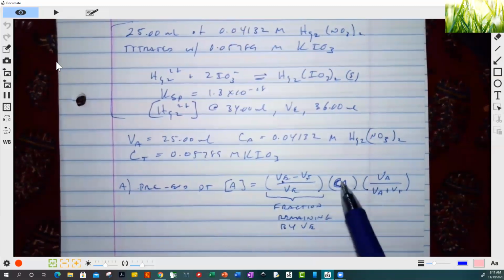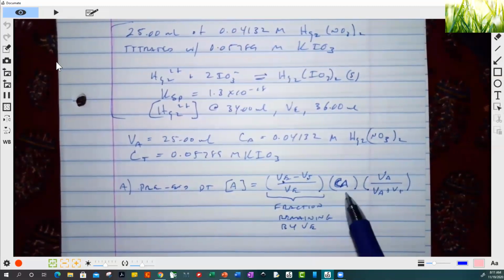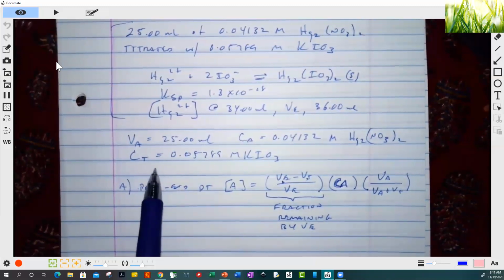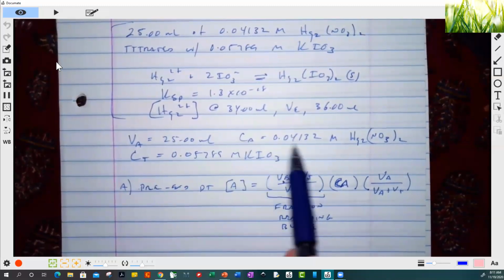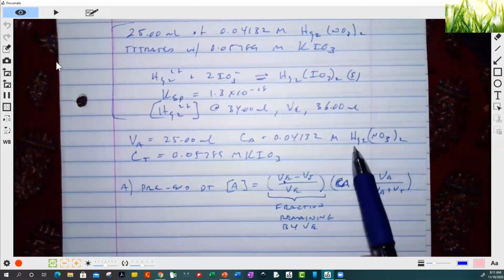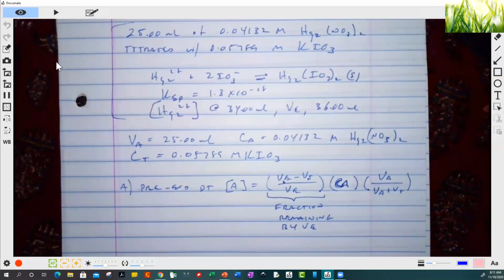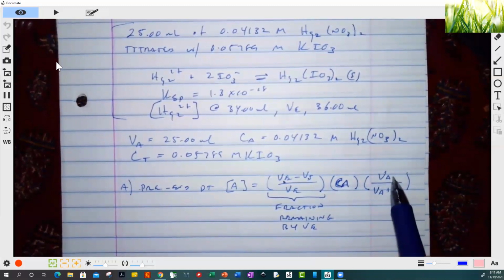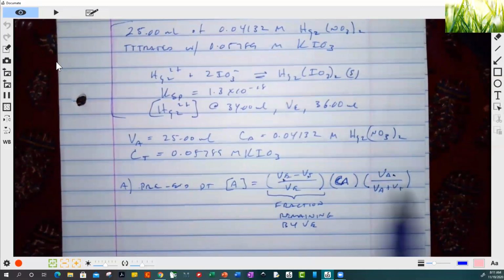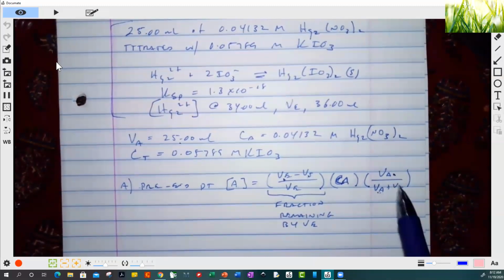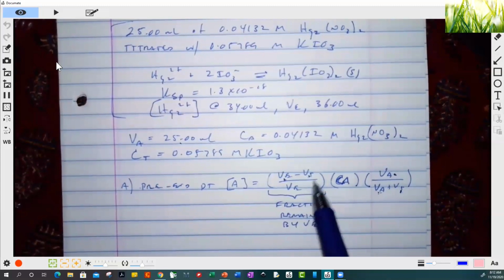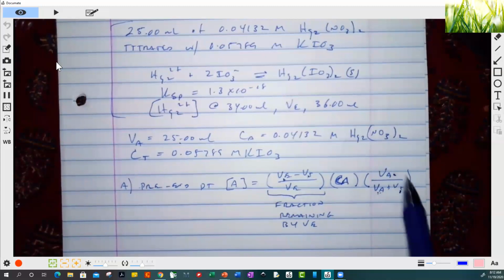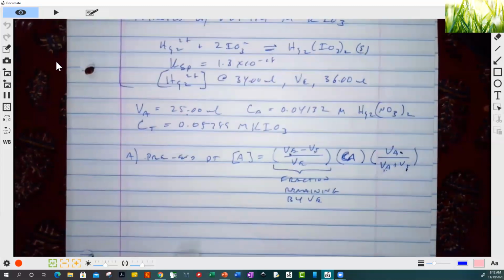Then the concentration of analyte is just whatever this is, the thing that we're titrating into. VA is 25 mLs, and there's 25 plus VT, so VT might be 49, so it's 25 over 25 plus 49. This is the concentration and this is the dilution factor for that. So anyway, that one works.